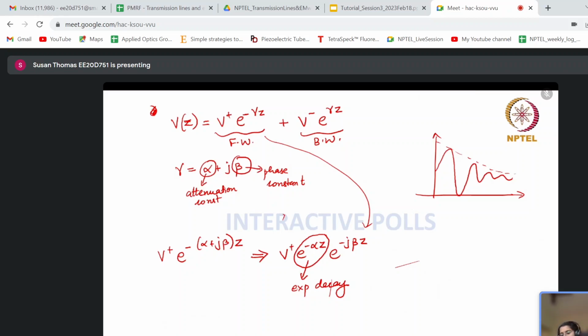So in case of a lossless transmission line, we know that alpha is 0. There is no attenuation, there is no decay in the amplitude of the wave. Whereas if there is a lossy transmission line, there is an attenuation for the wave which will account for this exponential decay in the amplitude of the wave.